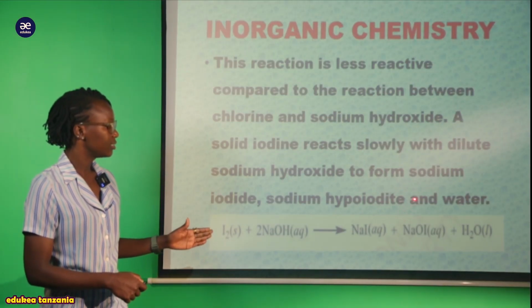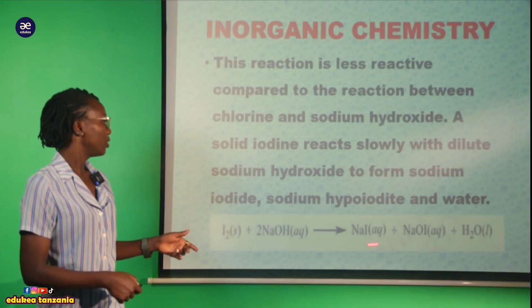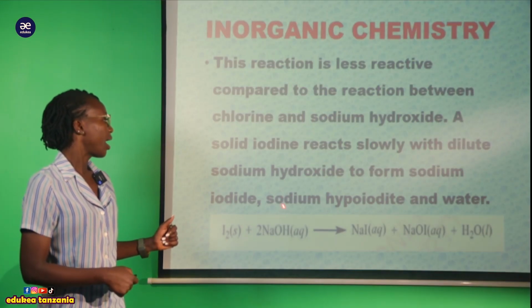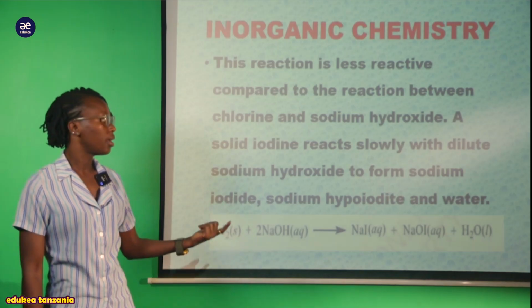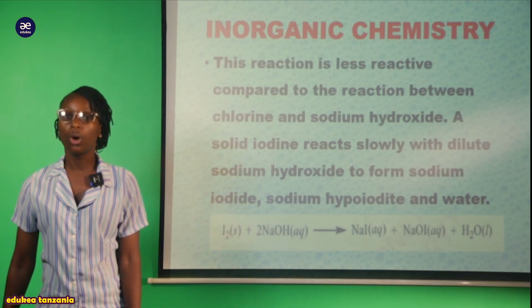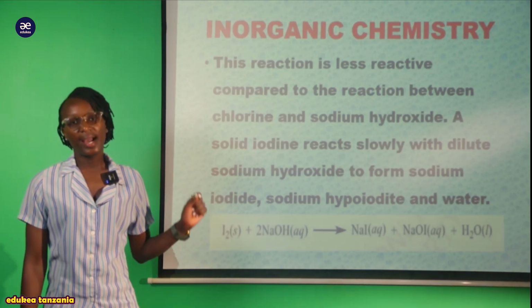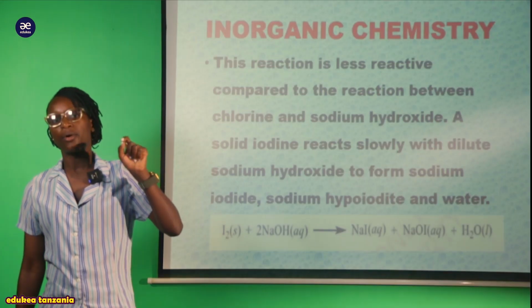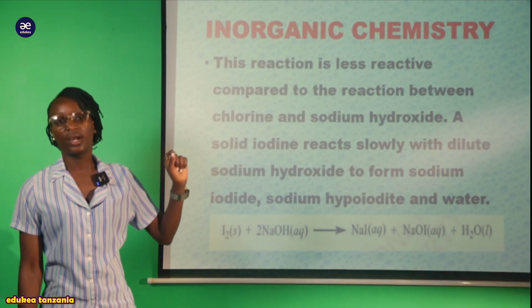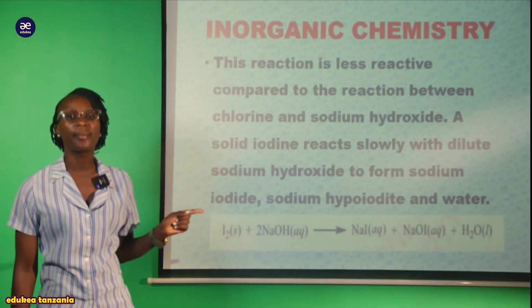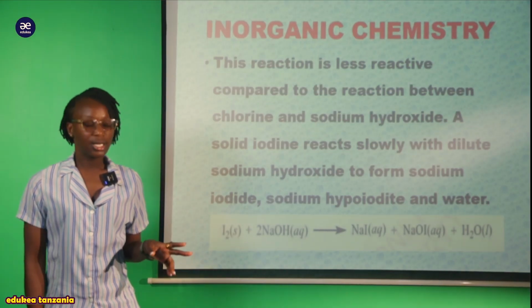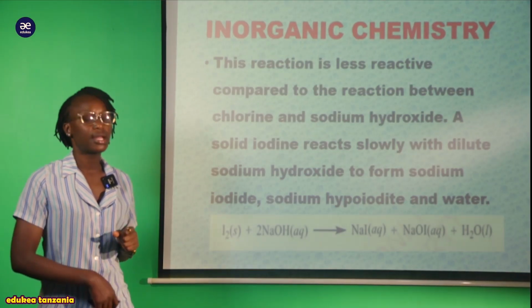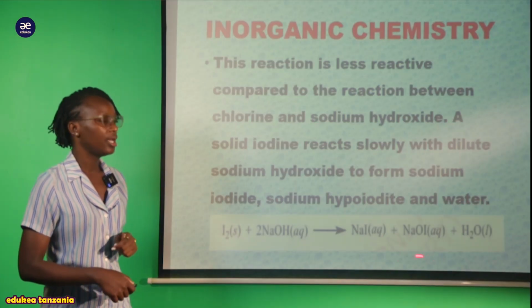Hypoiodite, iodide, lakini water molecule, lakini pia na sodium iodide. The same things. Lakini hii hapa tumeambiwa it reacts slowly. Bora ile ya chlorine na bromine alikuja kusema kwamba bromine hii reaction is less reactive, lakini hapa amekwambia kabisa it reacts slowly with the dilute sodium hydroxide na kwenda kuform hizo product, and this is the reaction.